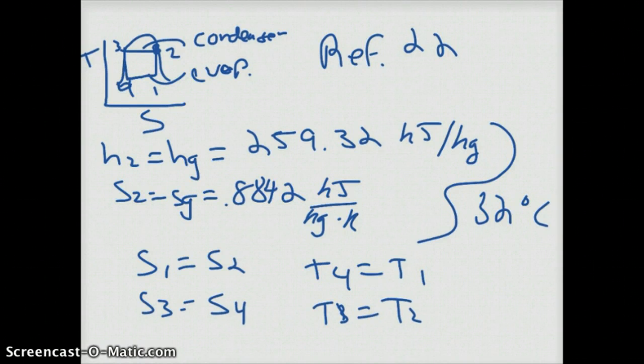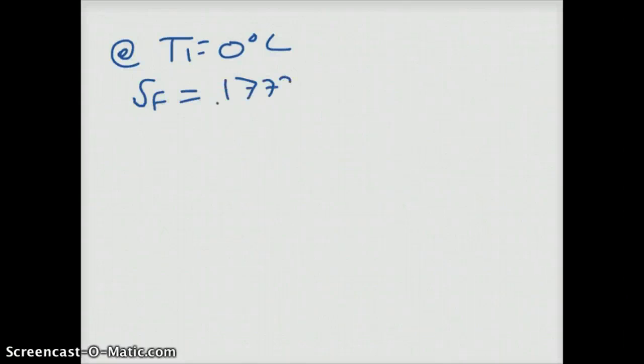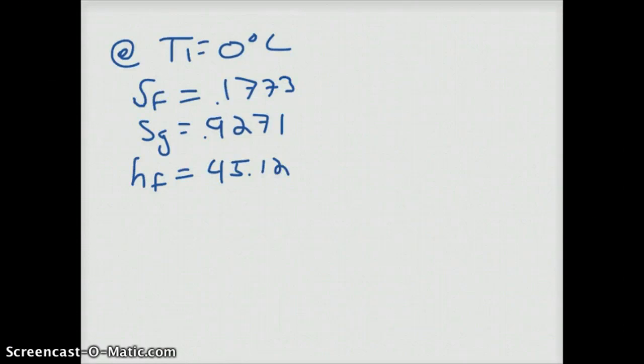Alright, so now we can evaluate our values at state 1. So at T1 equals 0 degrees Celsius, and again that is on the tables for refrigerant 22, we find our SF values, which is 0.1773, SG, HF, and HFG.